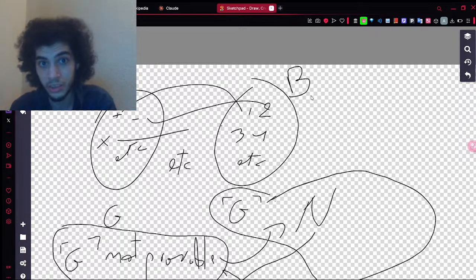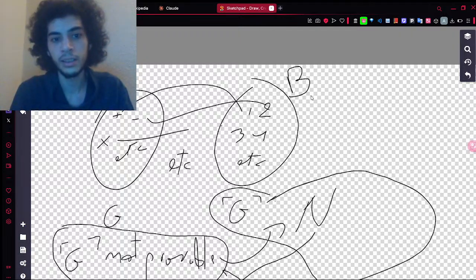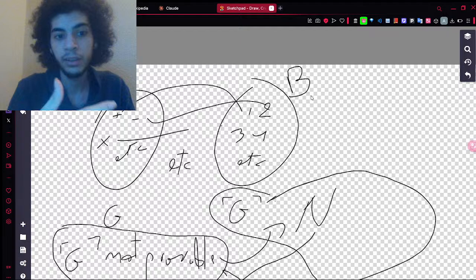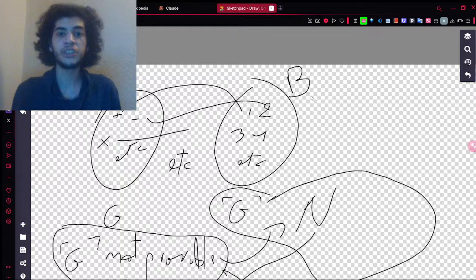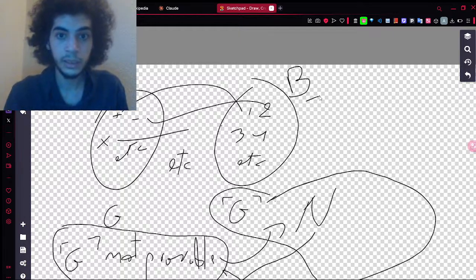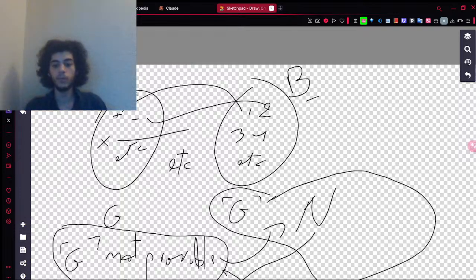It says G in the other form of the system is not provable. So G says the G's form in B is not provable, which means G in its B form says that G in the A form is not provable. Okay, so we can understand the reciprocity, right? Okay, so I get the reciprocity.